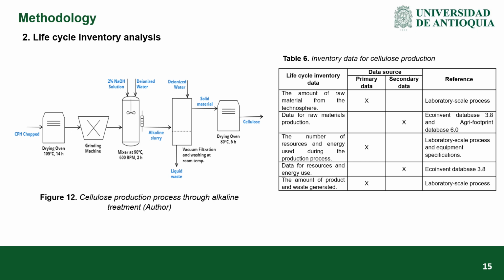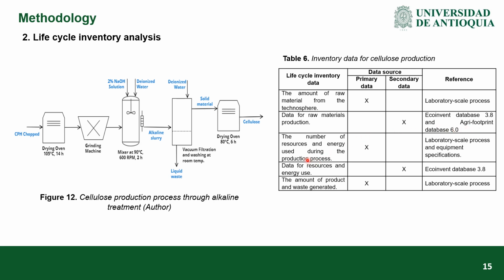For the cellulose production process through alkaline treatment, the amount of raw material from the technosphere, which corresponds to CPH, sodium hydroxide, and deionized water, were primary data taken from the laboratory scale process. The data for these raw materials were secondary data taken from the database.